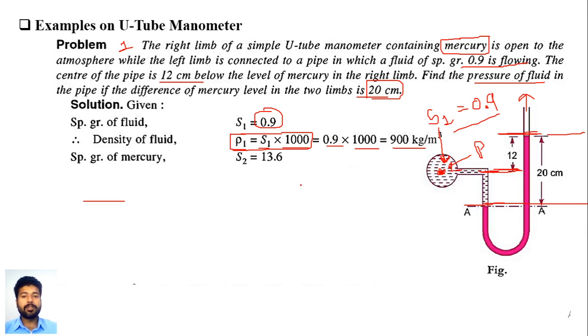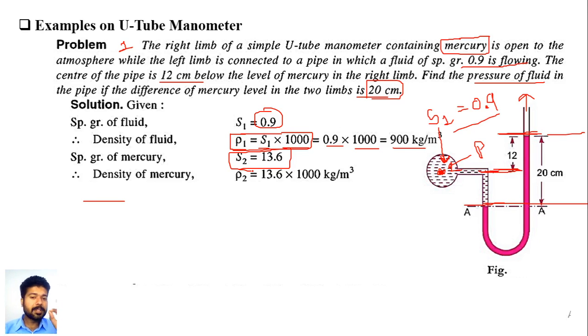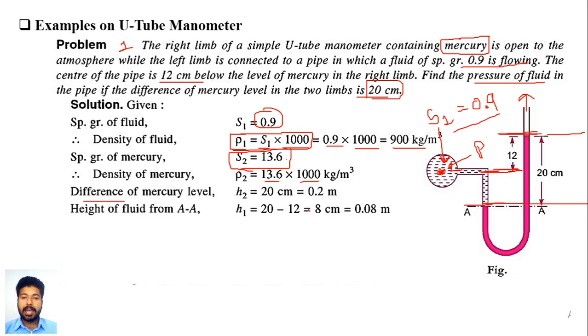Specific gravity of mercury is 13.6. This is a term you need to always remember. As per this specific gravity, we can find the density of mercury, that is S into 1000. Next, the difference of mercury level, 20 centimeter, is S2.